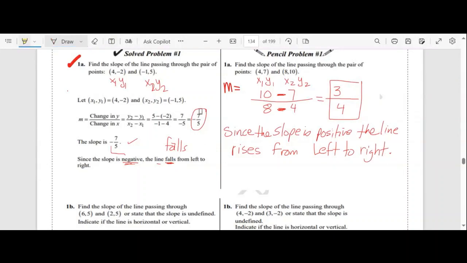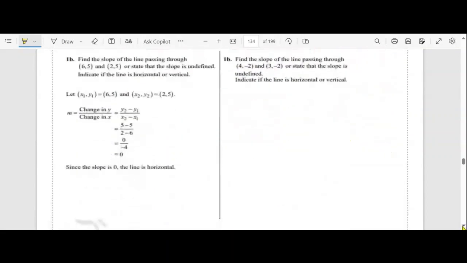So the key word here is what? Positive. Positive slope. Okay? That's the answer. Easy as easy? If you understand, raise your hand. Okay, let's move on to the next one.